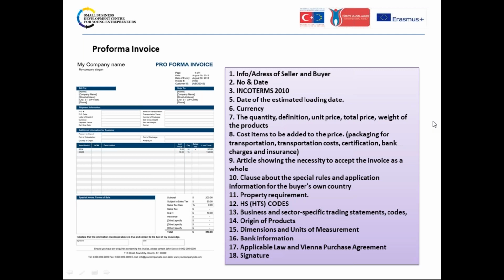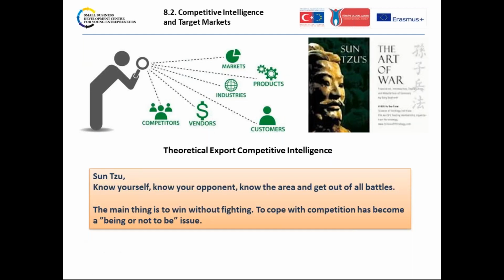You have to state the origin of the products, etc., and sign. When you put this information on your pro forma invoice, you will be comfortable, and you will not have a problem in the future.